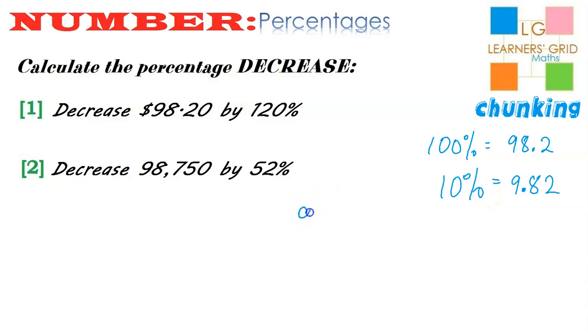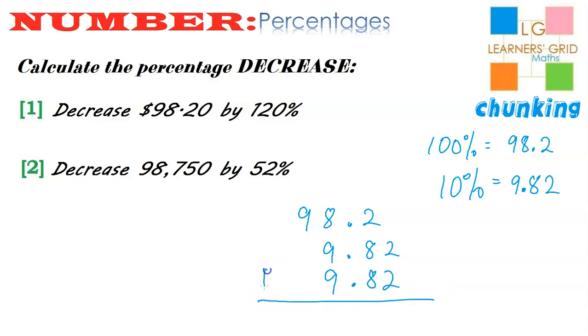So let's just add them up. 98.2 plus 9.82 plus 9.82. Add all of these numbers up. 8 plus 8 is 16, plus 2 is 18.